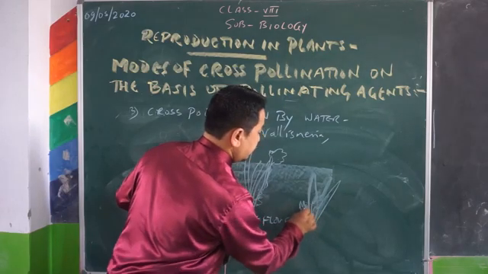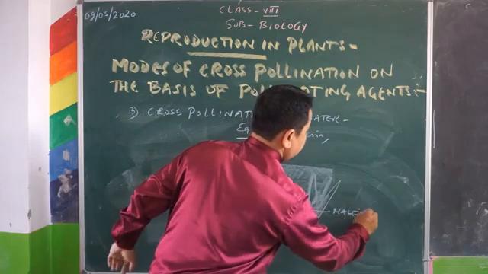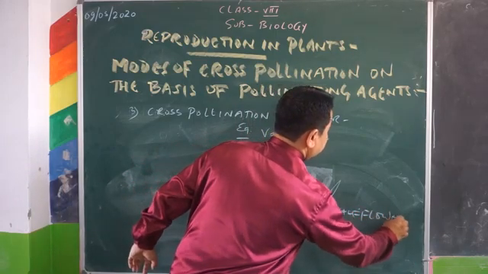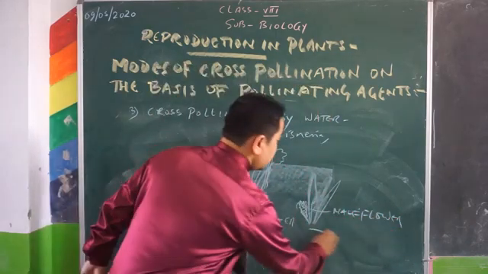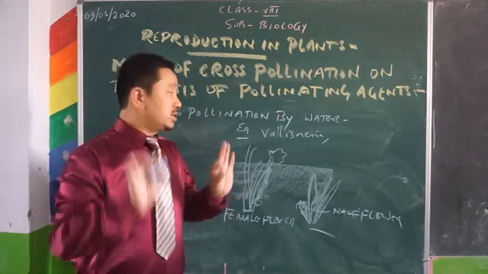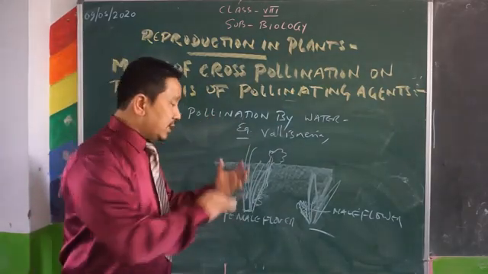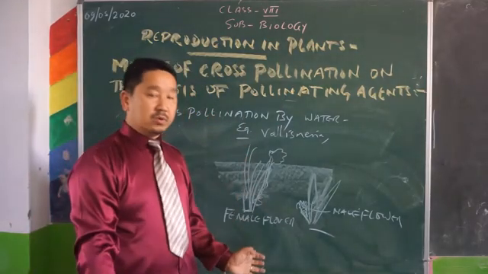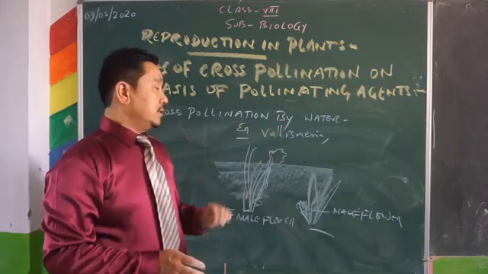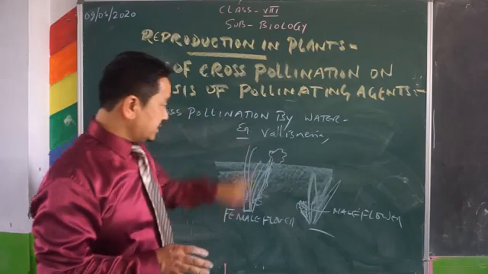This is the male flower. Those flowers where cross-pollination is done by water are usually completely submerged in the water, and male and female plants are separate, like in the case of Vallisneria.